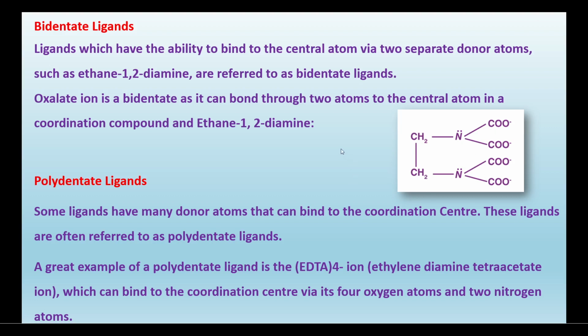Bidentate ligands are ligands which contain two donor atoms. The respective donor atoms can be present in the molecule, and there is the oxalate ion, where two donor atoms can be formed.